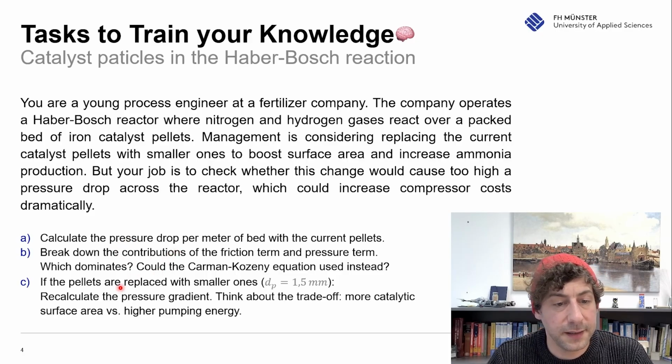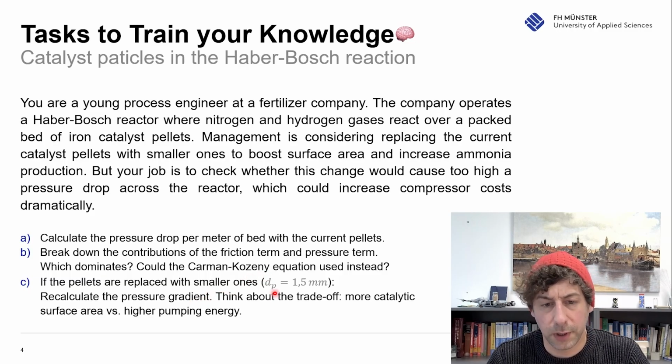And in the last task you should check if we now replace the 3 millimeter by smaller pellets, 1.5 millimeter, what happens to the pressure gradient, and is this trade-off worth it or not. So can we use the smaller particles, right?